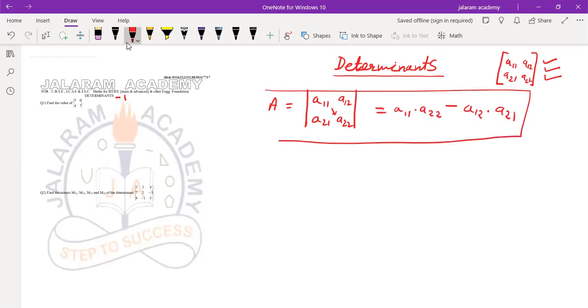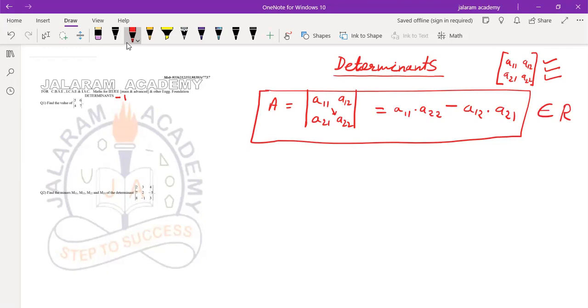Remember, a determinant is always a scalar, that is a real number, while matrices are not real numbers. Their algebra is quite different from the algebra of real numbers. All determinants follow all properties of real numbers.